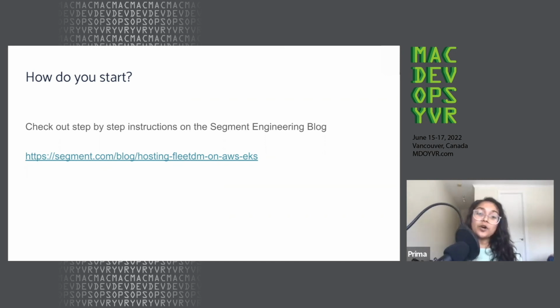It's literally called Hosting FleetDM on AWS EKS. And in that guide, I've also provided some examples of what the actual Terraform settings for a lot of the infrastructure look like. So if you want to set up your MySQL on RDS as code, what would that roughly look like?